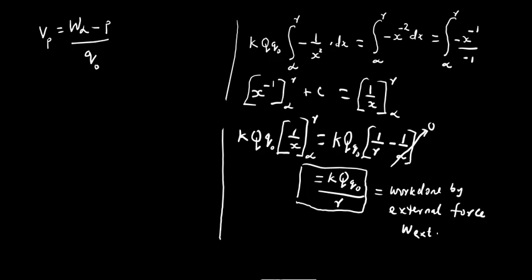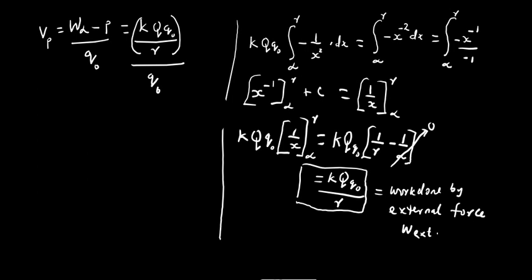So it is going to be equal to kQq naught over r, then divided by q naught.